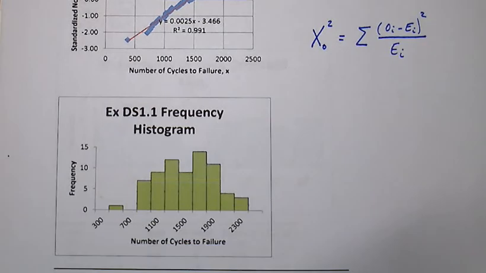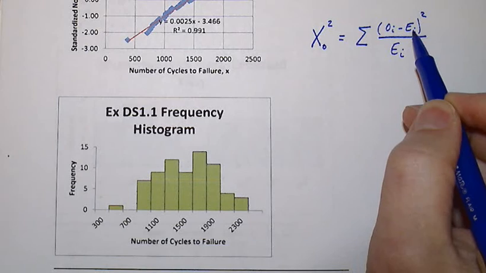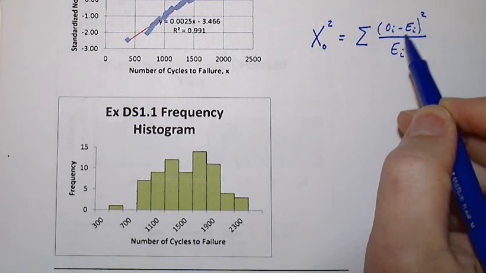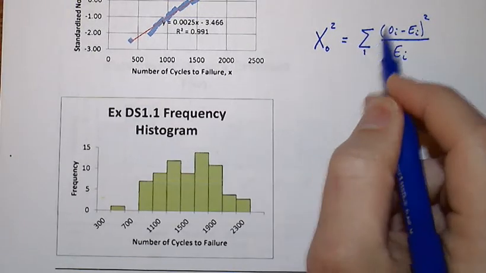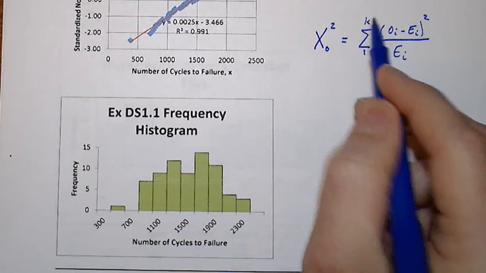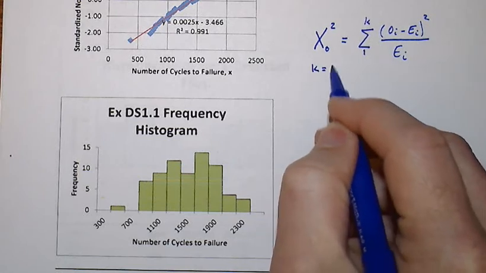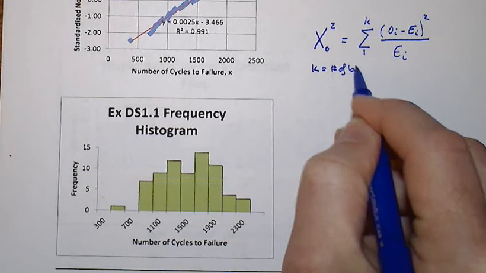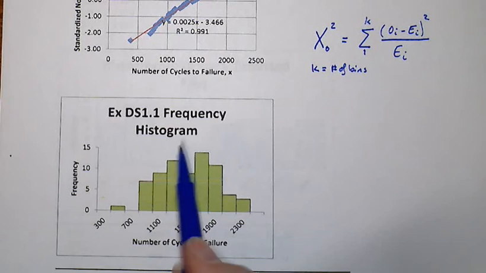These are observed frequencies versus what we call the expected frequencies. Before we get into defining this too much, this sum goes from 1 to k, where k equals the number of bins or classes in our histogram.